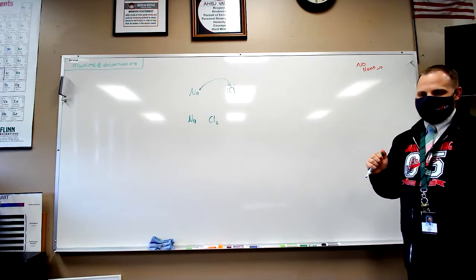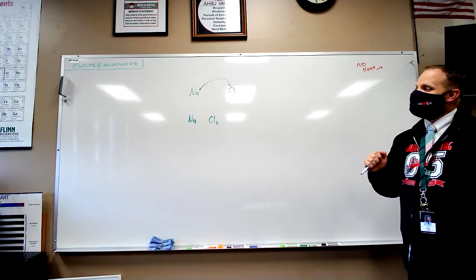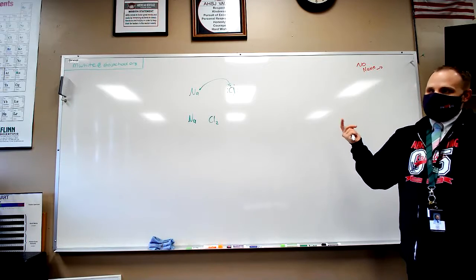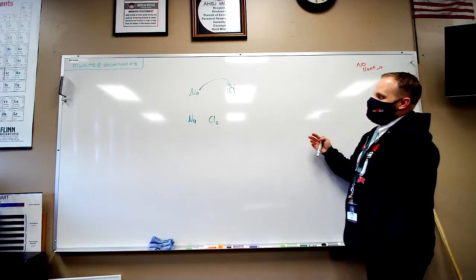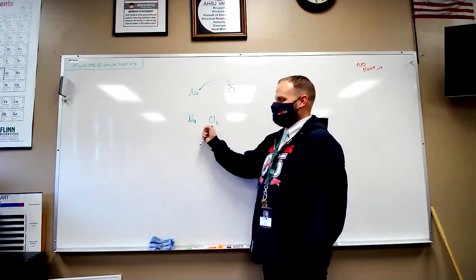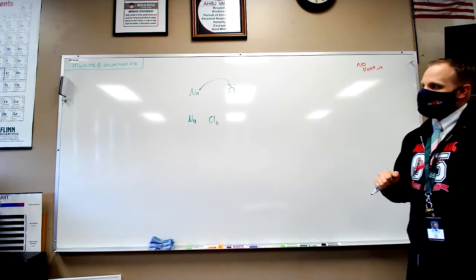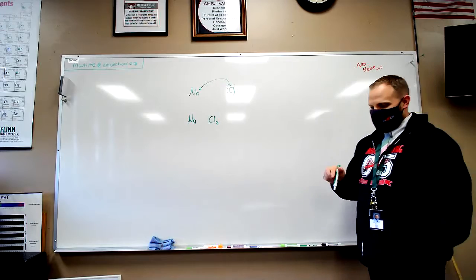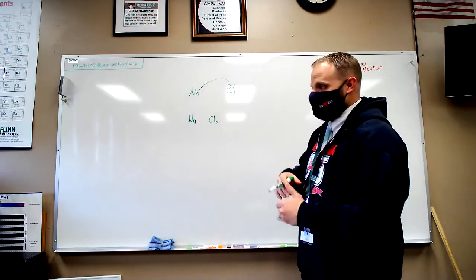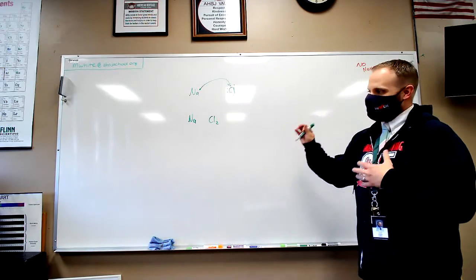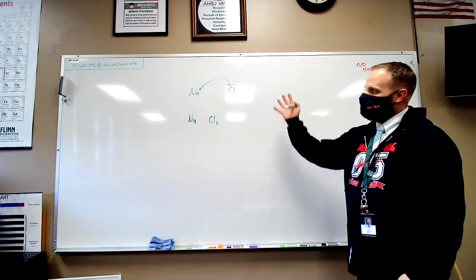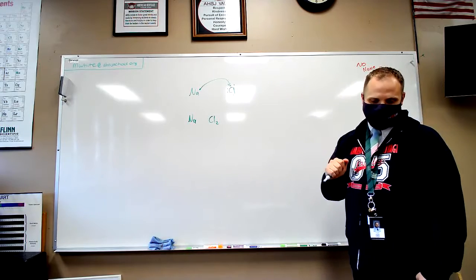If you ever have to go to the store to buy salt, it's dirt cheap because there's so much of it. So, in order to get these compounds, this isn't the only way, but this is one way that we can do it. We harvest salt, heat it up, melt it, run the charge through it, and we can extract these elements.